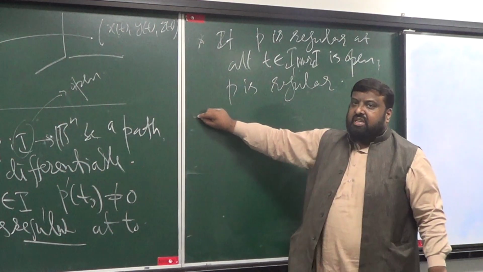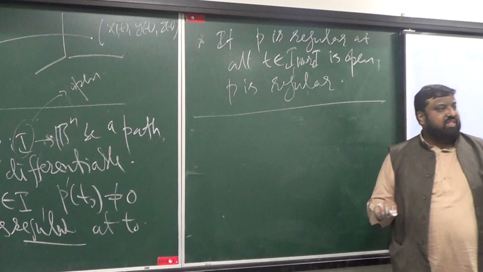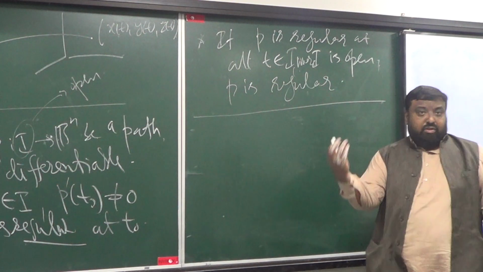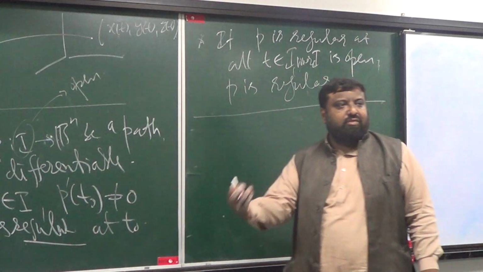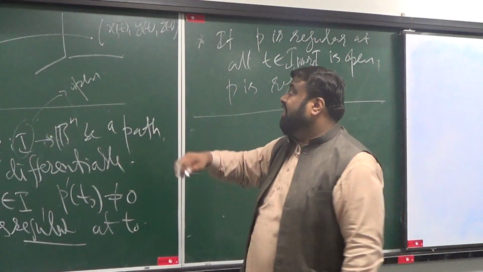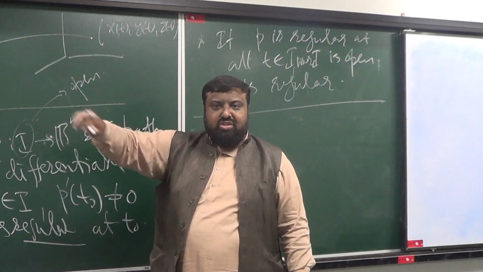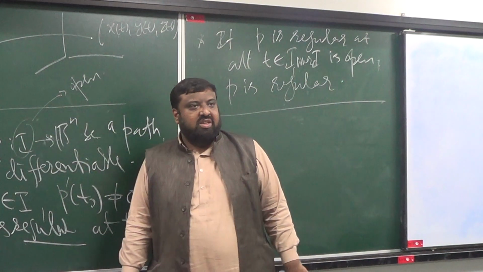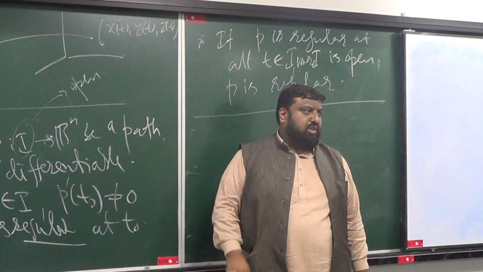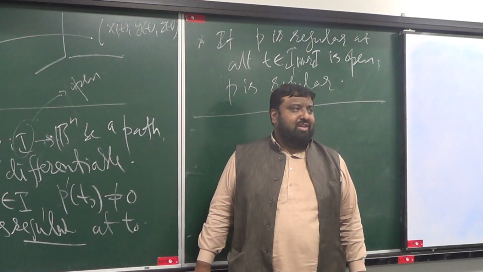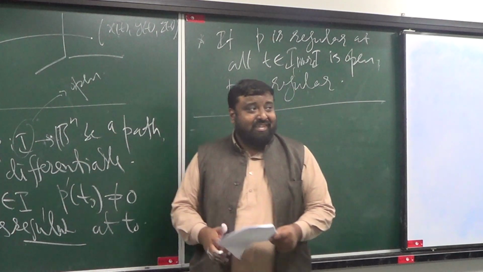Okay. Can you interpret the regularity again? If you assume it physically, it's a kind of motion which doesn't stop throughout the interval. So it has a non-zero velocity at all points of the interval. So that's what we're going to call regularity. The physicist would call it having a non-zero velocity at all points. Okay?